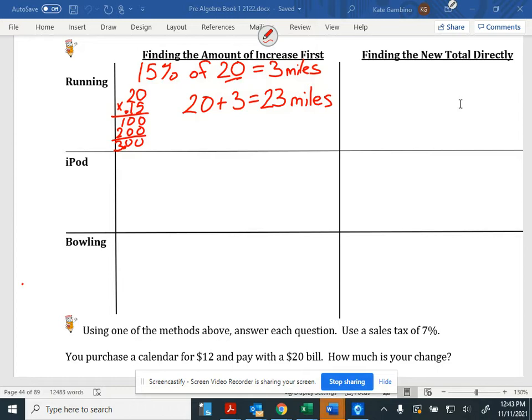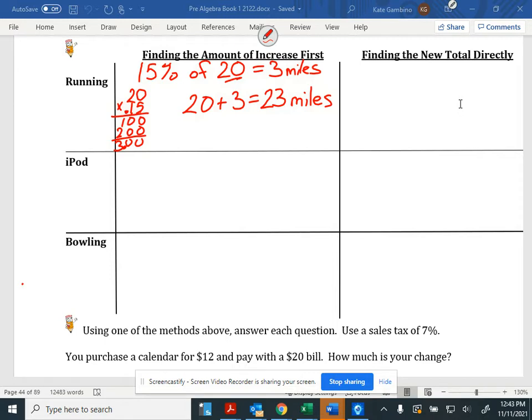A lot of times people stop, they say, oh, 15% of 20 is 3. Woohoo, 3. Done, moving on. But you're not done. That's not what the question asked. It didn't ask what the increase is. It asked what is the amount that you're going to run now. So you have to be careful.